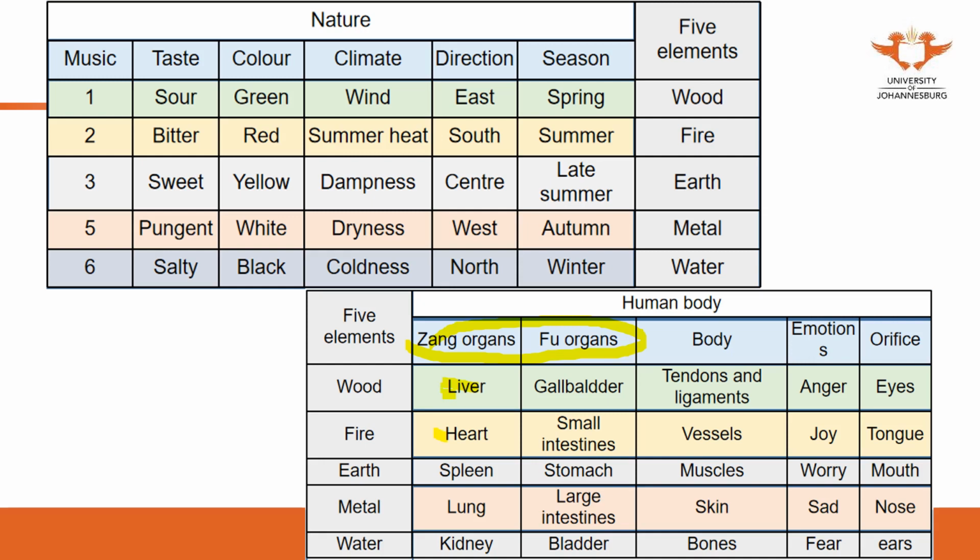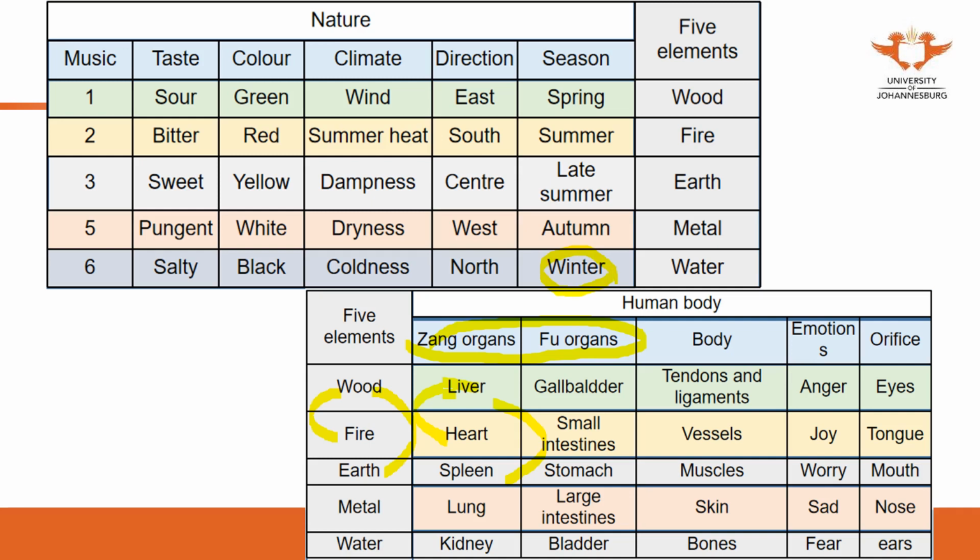What's the relationship between liver and heart? What's the relationship between the spleen and liver? So you can study the relationship between the wood and fire, or the wood and the earth. And also sometimes, why some diseases will be worse in winter, and why some diseases can be alleviated in winter or in summer.